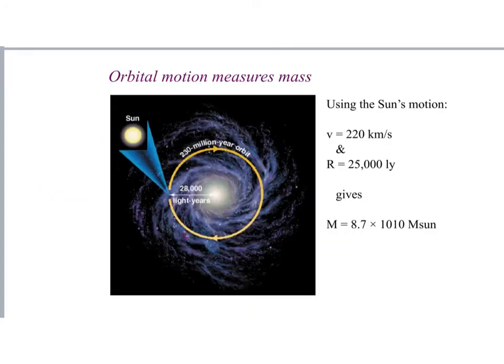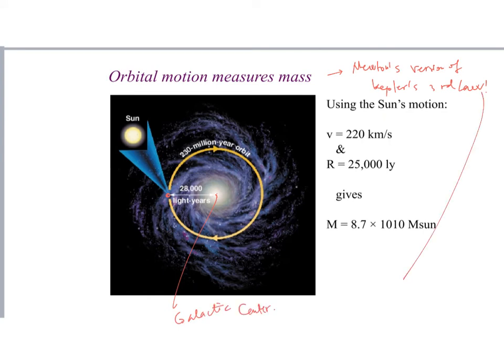Remember we talked about how orbital motion measures mass. Remember Newton's version of Kepler's third law. Again and again, we are using this to measure how much mass there is out there. In this case, we're going to use the orbit of the sun going around the galactic center. What is that formula?